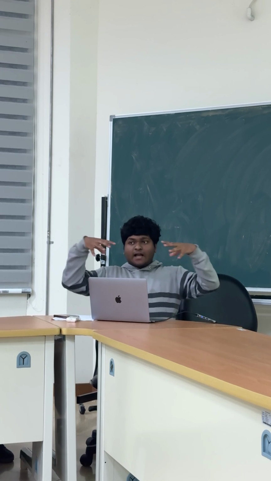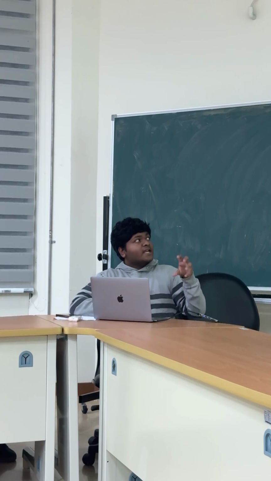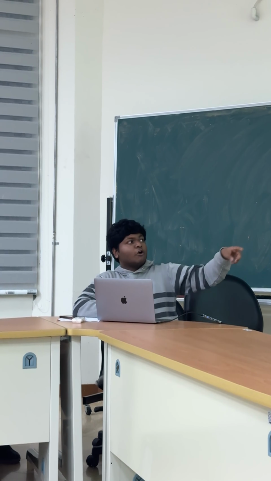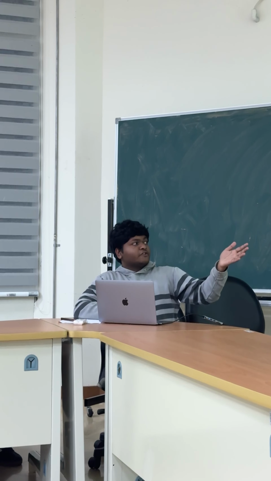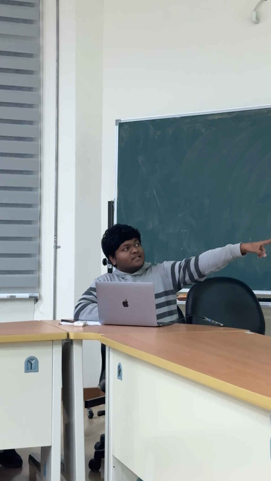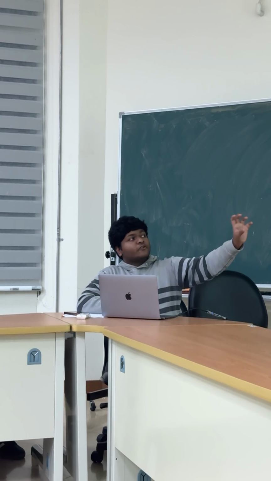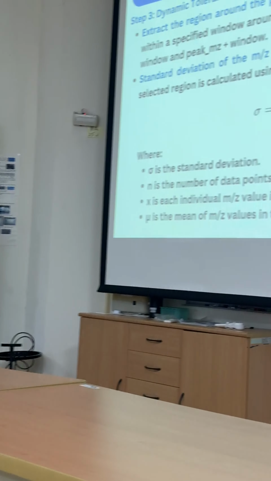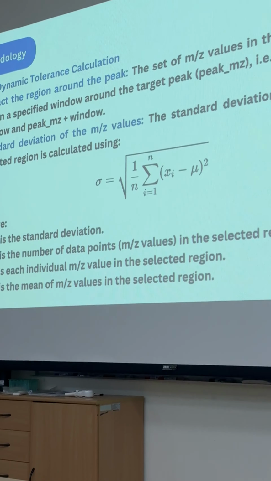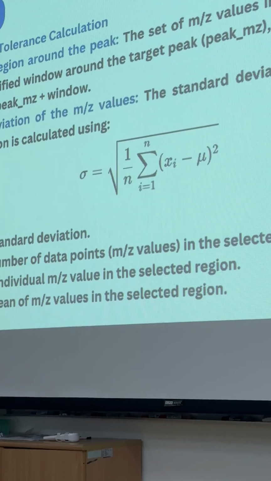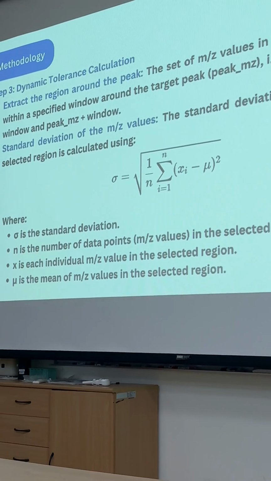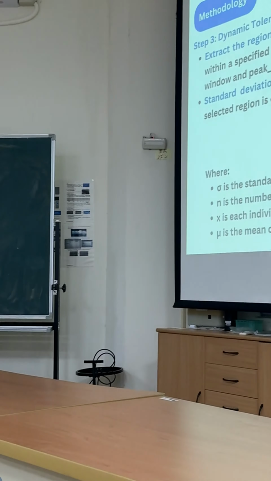I'm targeting that region first, and then taking the standard deviation of the m/z values using the formula. We know the standard deviation formula, where sigma is the standard deviation, n is the number of m/z values in that region, and we use the individual value and the mean value, mu, in the sum. I've calculated the standard deviation of the m/z values within that window, plus or minus 50.